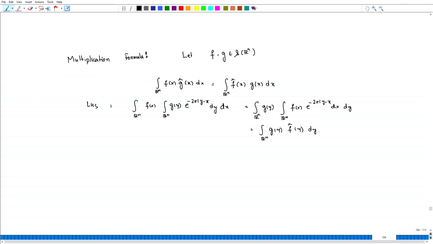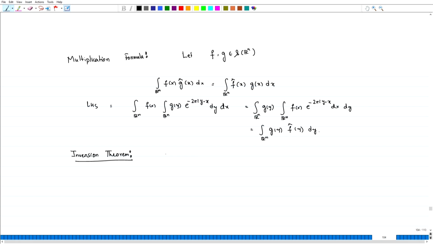Okay, so I think now we are all set to derive the inversion formula as well as the Plancherel theorem for the higher dimension. So, what should be the statement of the inversion theorem?